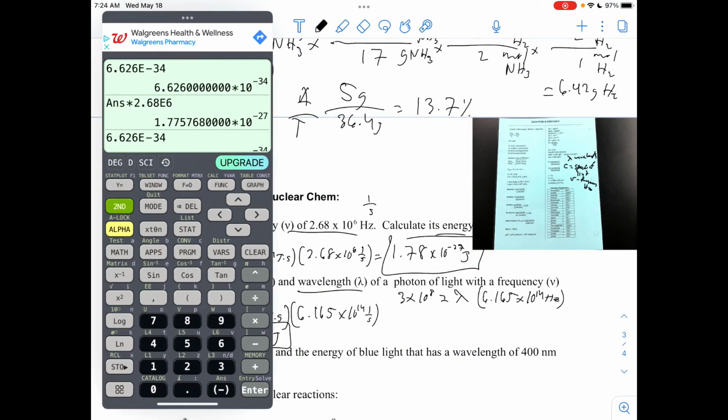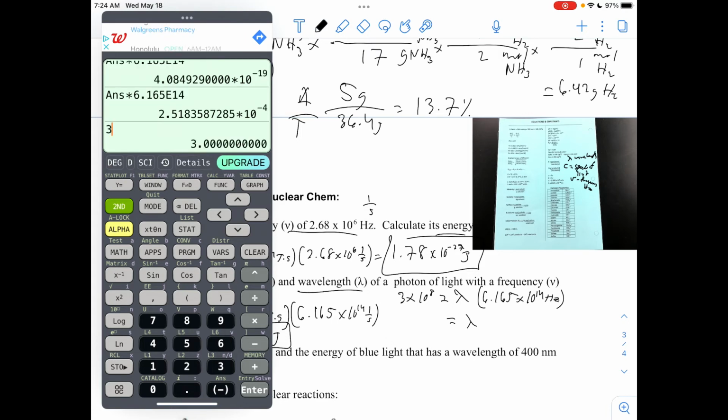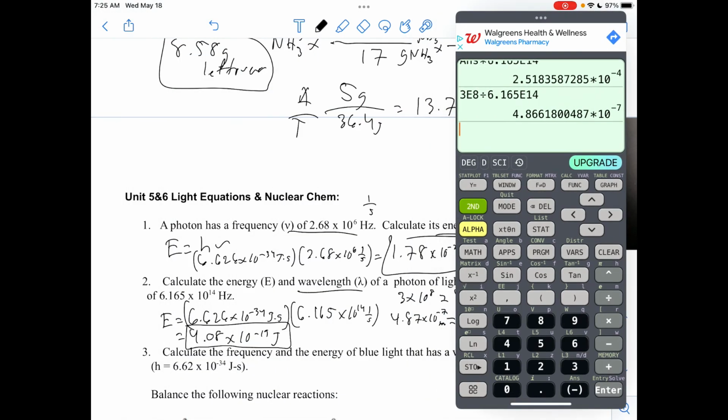Okay, so divide by the frequency to get wavelength by itself. So I'm going to do 3E8 over 6.165 to the 14th power. So my wavelength is going to be 4.87 times 10 to the negative 7 meters. Okay, it's always going to be meters. So if it's not in meters, got to get into meters.